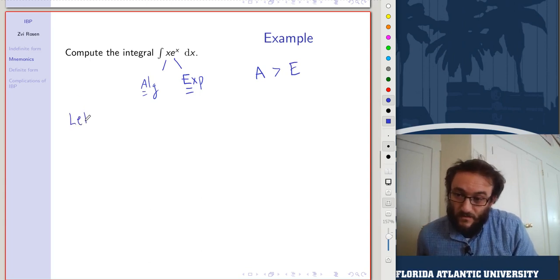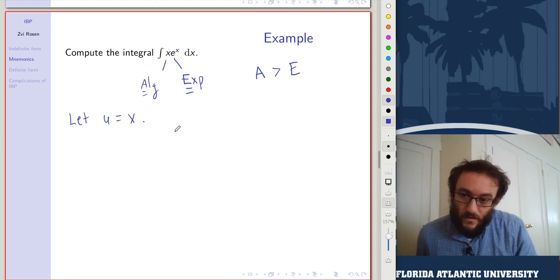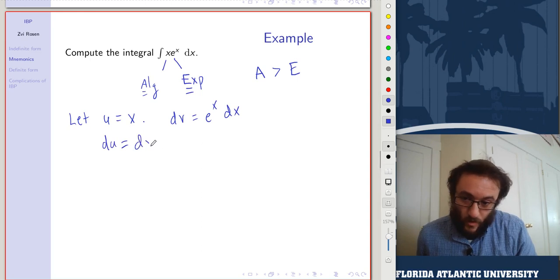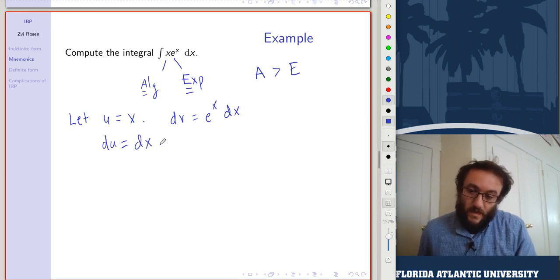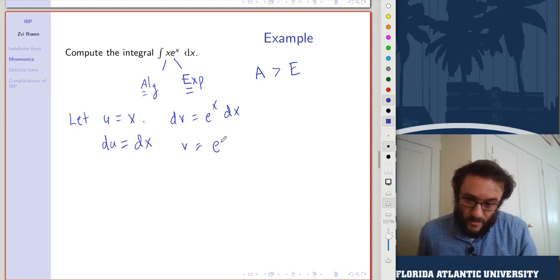So let u equal x, which means that dv equals e to the x dx. Taking the derivative of u, it's just 1, so du is dx. And v will be e to the x, because the integral of e to the x is just itself.